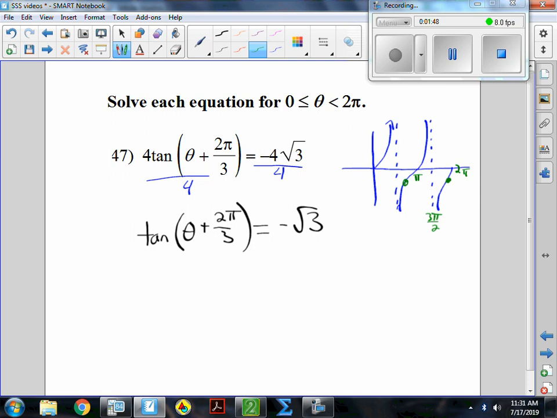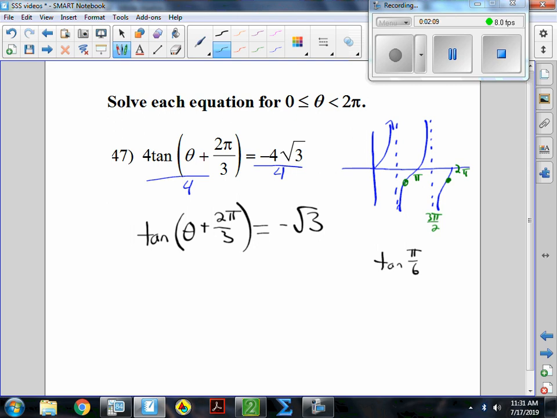Then I need to know my tangent ratios. So I know tangent of pi over 4 is equal to 1. I know tangent of pi over 6 is equal to the tangent of 30 degrees. The 30-degree angle is across from the smallest side of a 30, 60, 90 triangle, which is the 1.